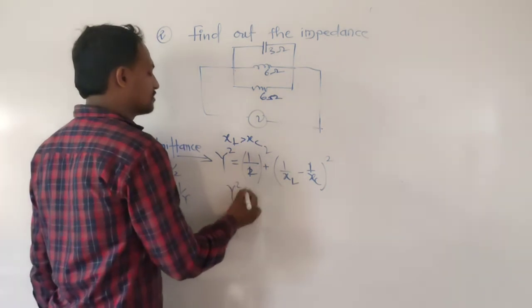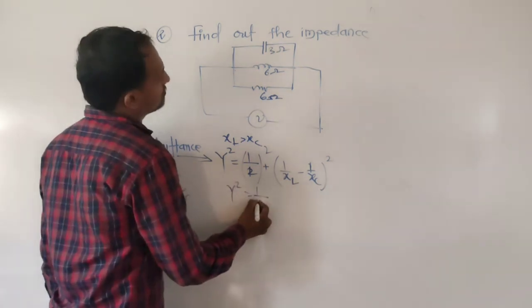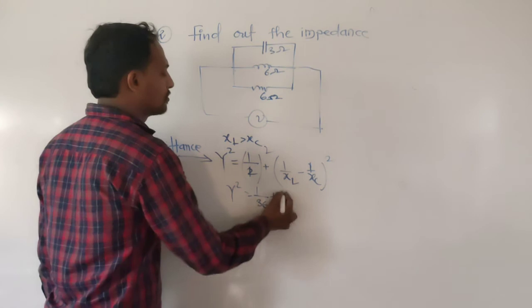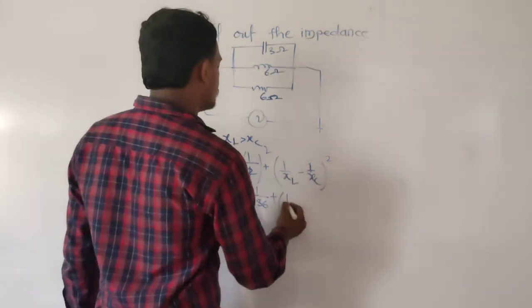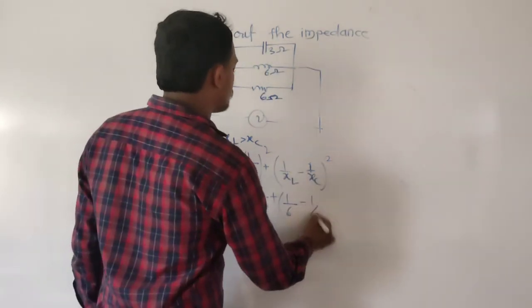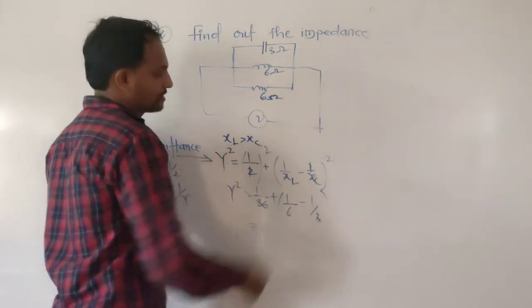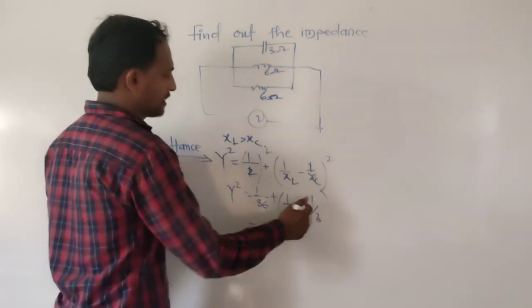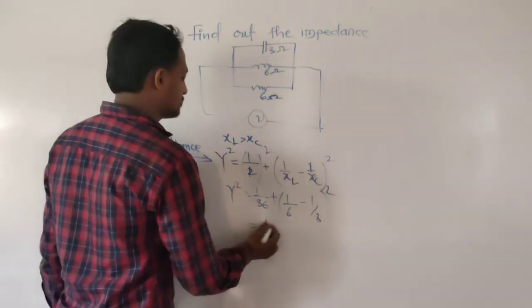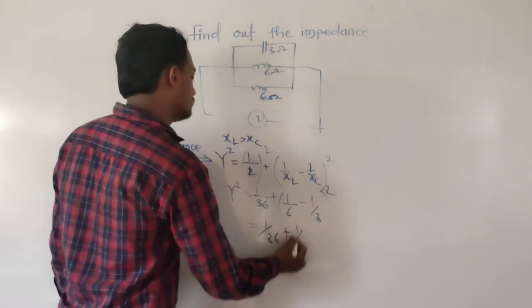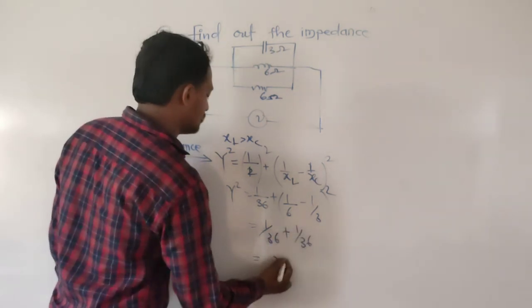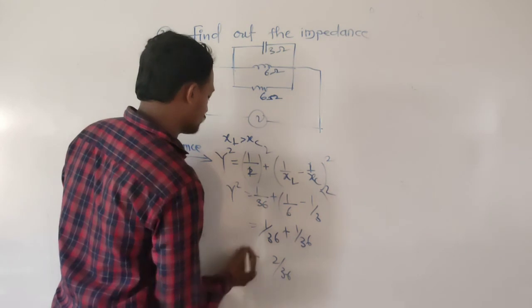So Y square is equal to 1 upon 36 plus (1 upon 6 minus 1 upon 3) whole square. After solving, we have minus 1 upon 6, and by squaring it is 1 upon 36. So 1 upon 36 plus 1 upon 36 is 2 upon 36, which is Y square.